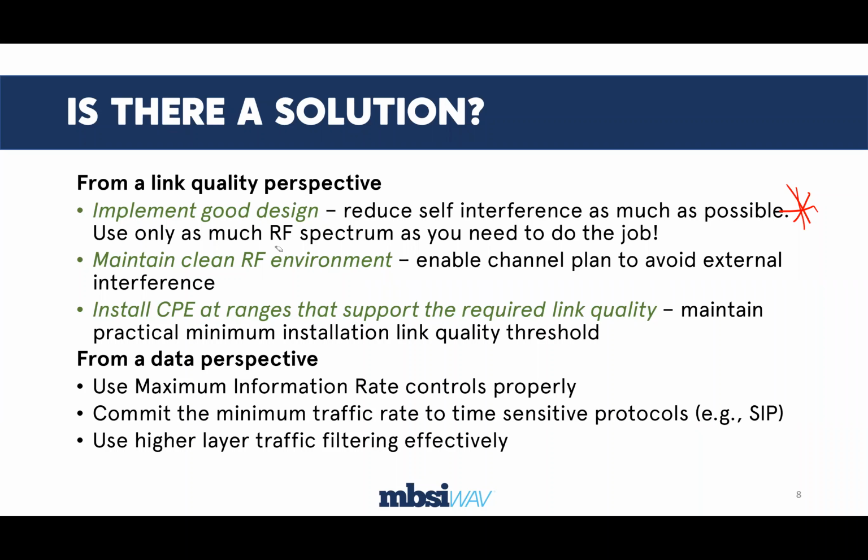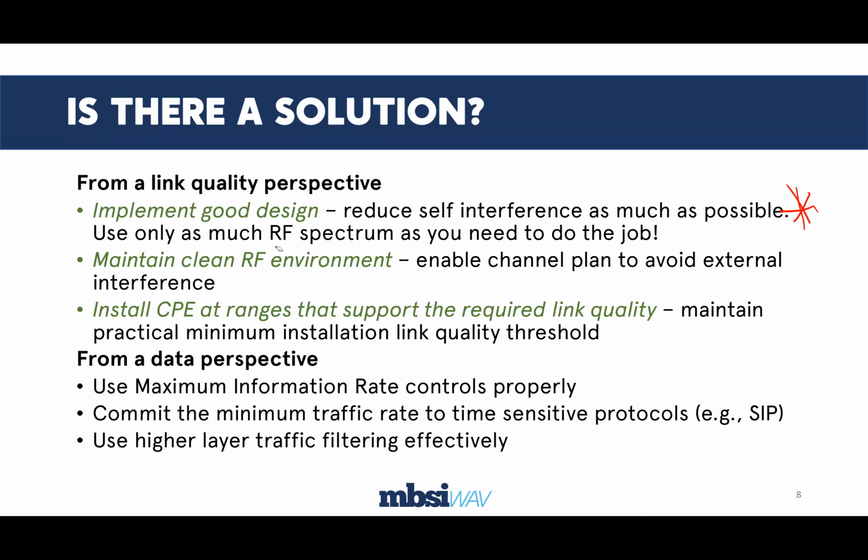In the US, the CBRS is shared spectrum. 5 gigahertz is the other very common spectrum. It's definitely shared. For anybody who's operating in 900 megahertz, in the ISM band, that is most definitely a shared spectrum with lots of people operating in the band. And so we have to design our network so that we avoid this external interference.